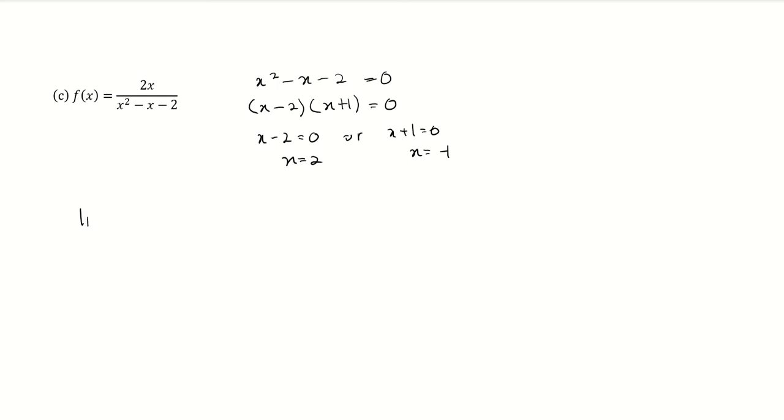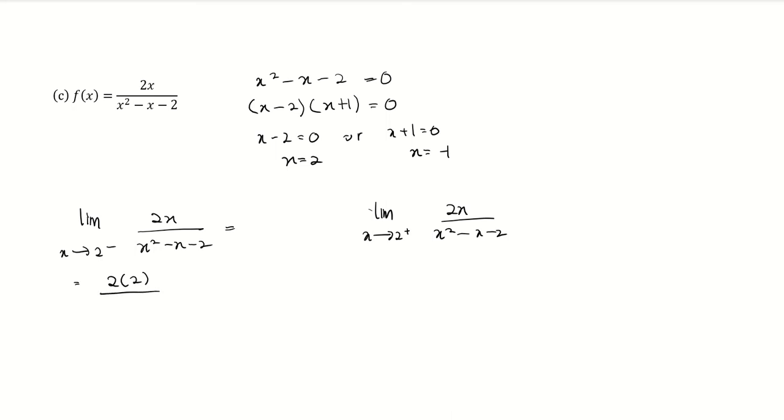We need to find the limit as x approaches 2 from the left, and 2 from the right. For this question, if we substitute 2 directly, we get 2 times 2 over 2 squared minus 2 minus 2.